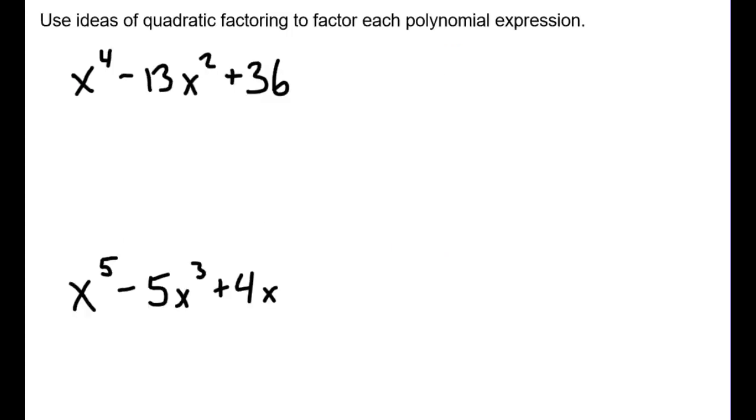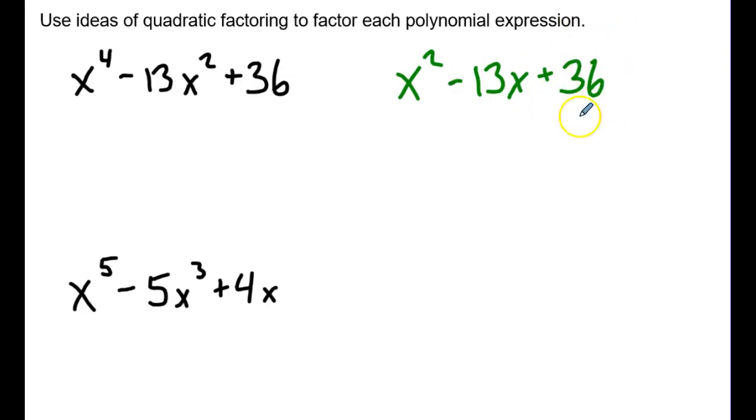To end this lesson, we're going to use ideas of quadratic factoring to factor each of the polynomial expressions. Off to the side for this first one, I'm going to write x squared minus 13x plus 36. We're just going to quickly review how we would factor this quadratic expression.